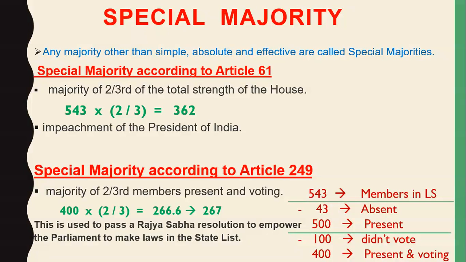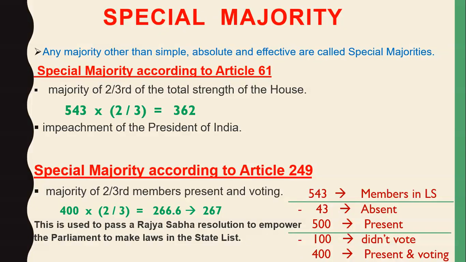So total strength of the house is 543. Now we will calculate 2/3 of 543. So 543 multiplied by 2 by 3. When you do the calculation, the result will come 362. So we need more than 362 members. We need the support of more than 362 members for this majority.